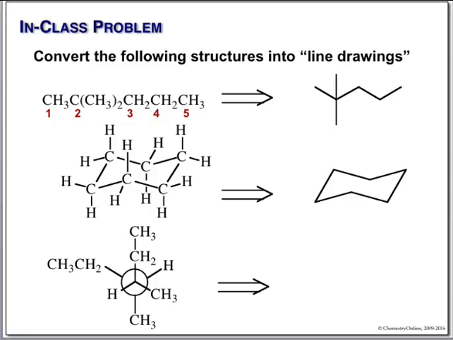We have 1, 2. This is a carbon, right? That's number 3. That's the front carbon. Now this guy is the back carbon, so that's carbon 4. Then it's attached to carbon 5 and carbon 6. So we have a 6-carbon parent chain.